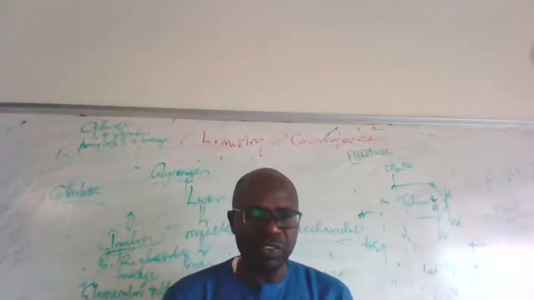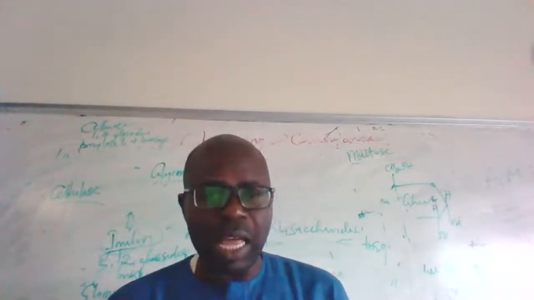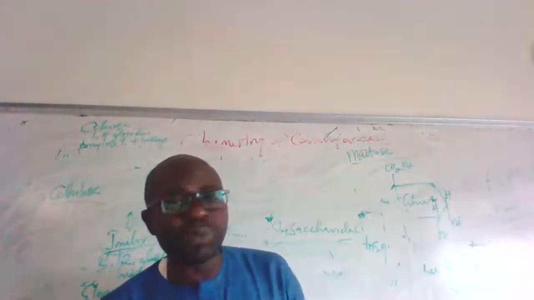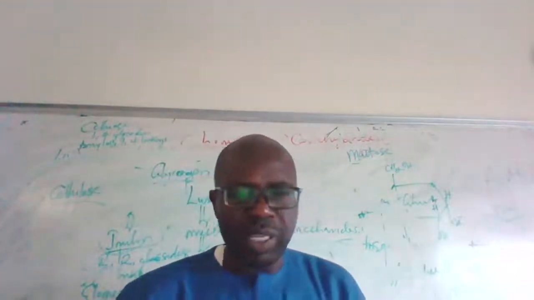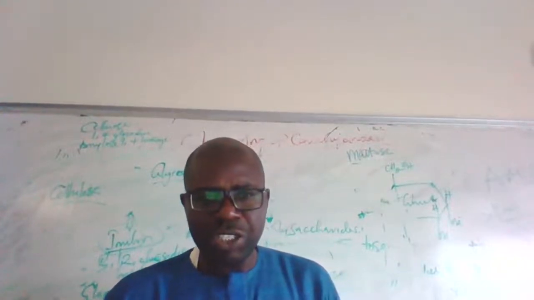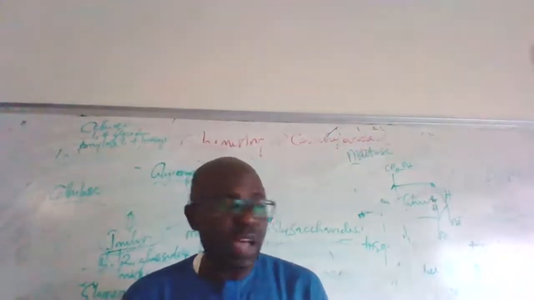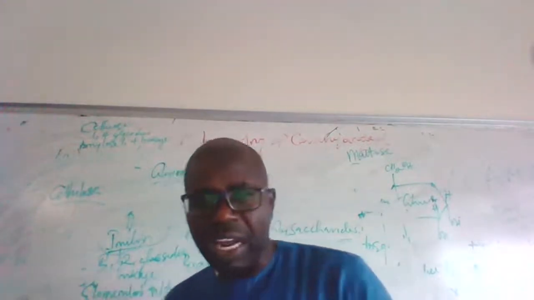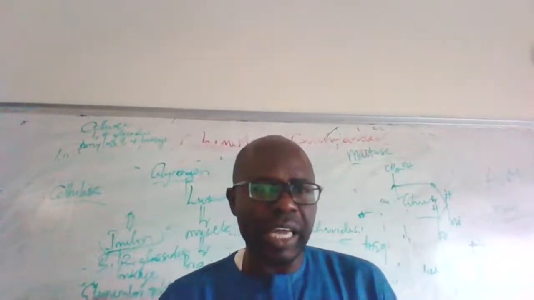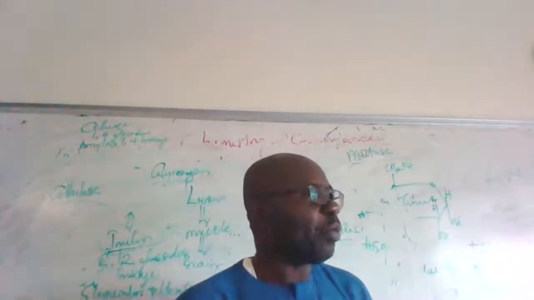We also have heparin, which acts as an anticoagulant. Dermatan sulfate maintains the shape of tissues. Keratan sulfate is found mainly in cartilage and the cornea of the eye. So this leads us to the end of the remaining lecture on the chemistry of carbohydrates.